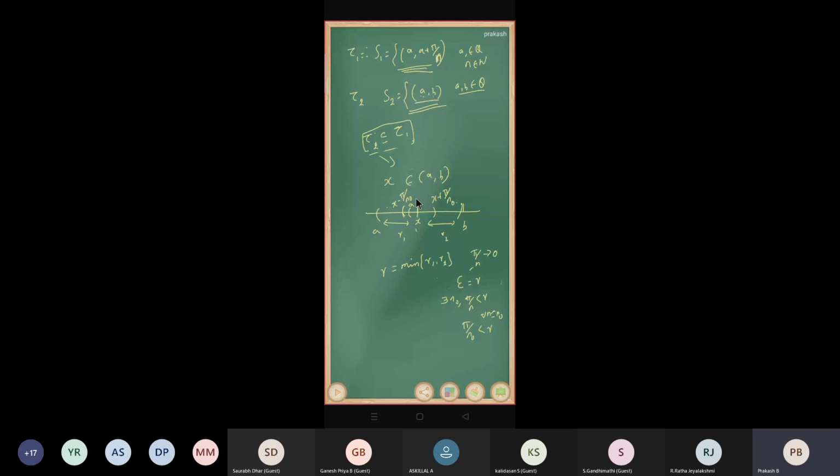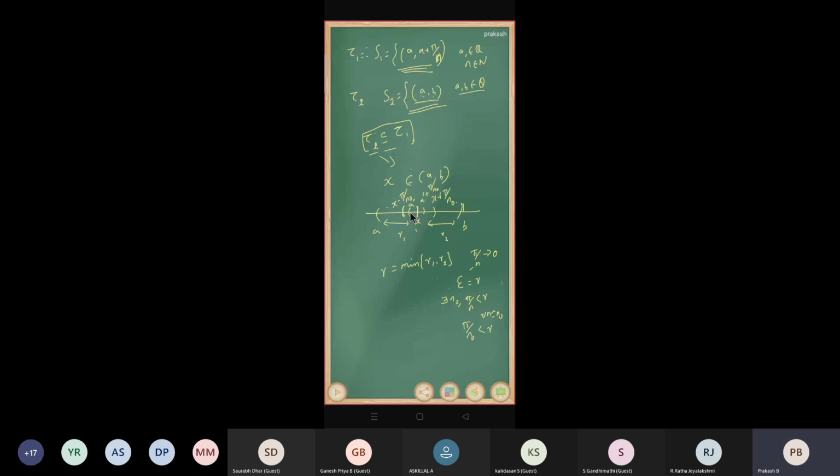Now I'm going to add pi by n naught to this a dash. That a dash plus pi by n naught will be on the right hand side of x, because the length of the whole interval is pi by n naught and I'm taking the element a dash in between.